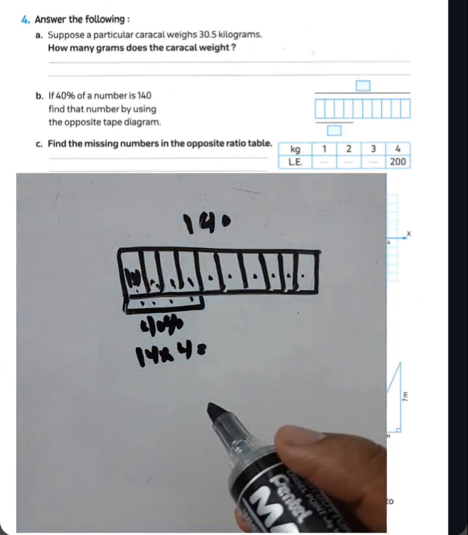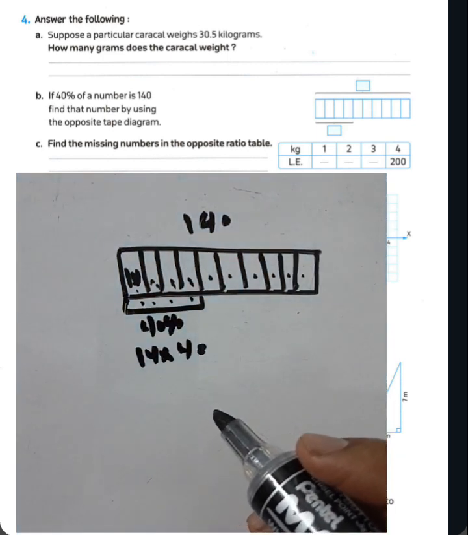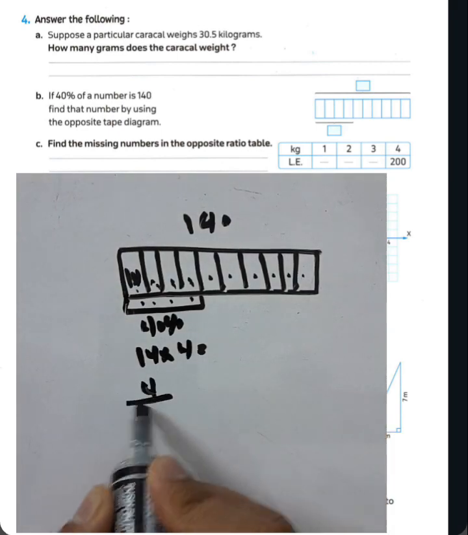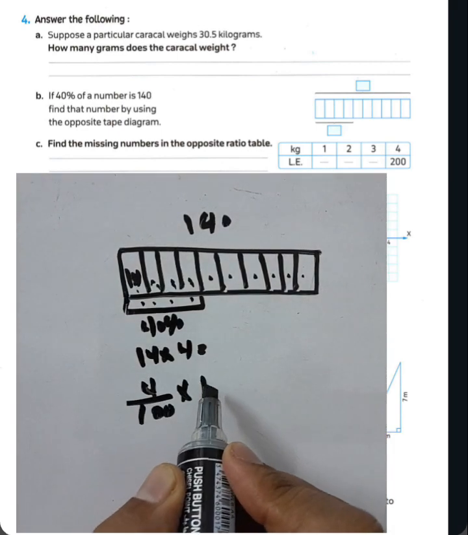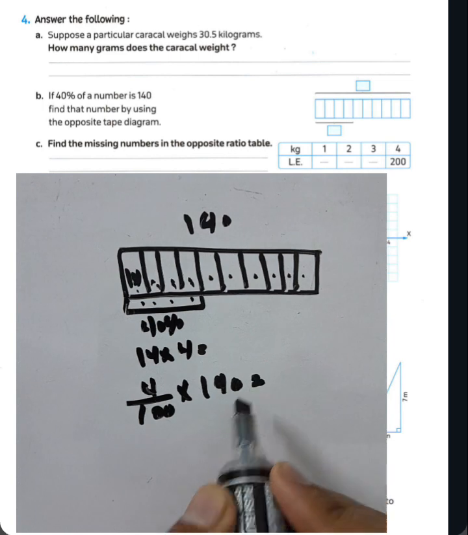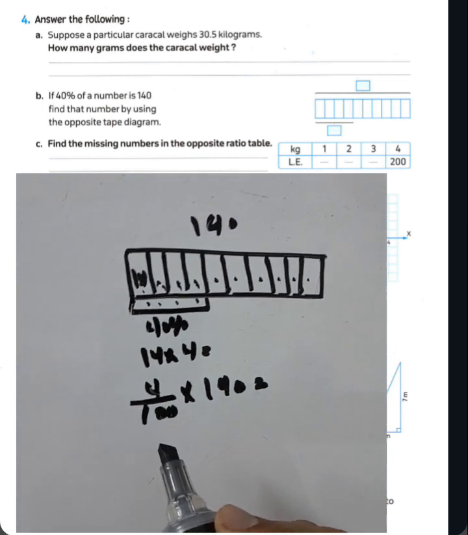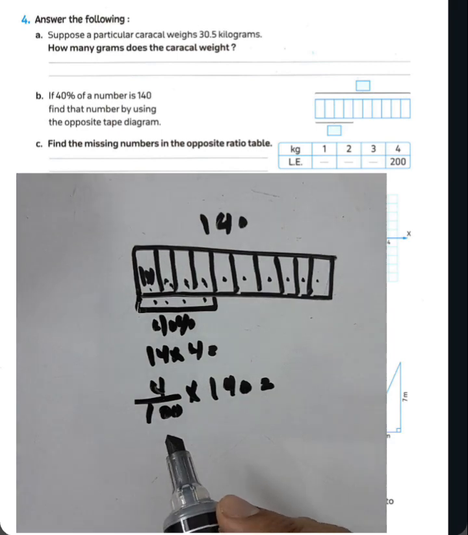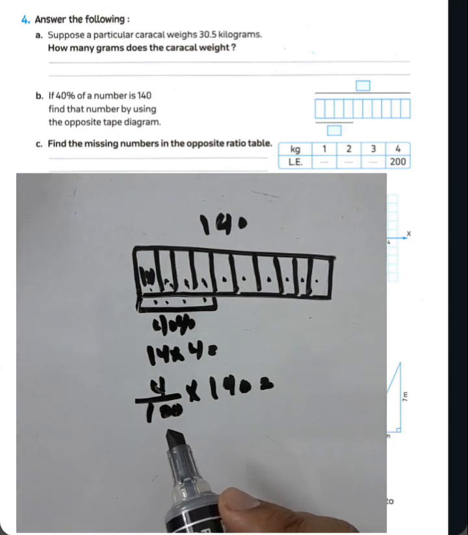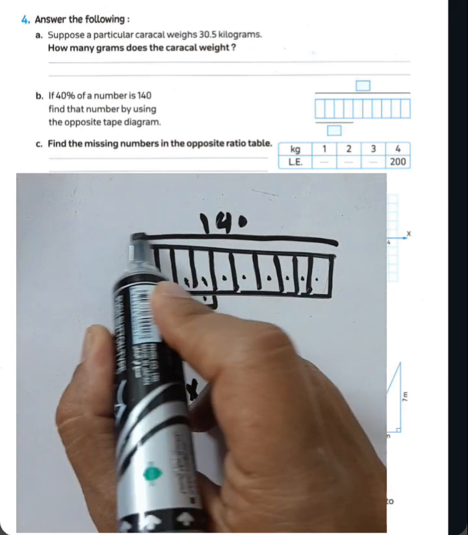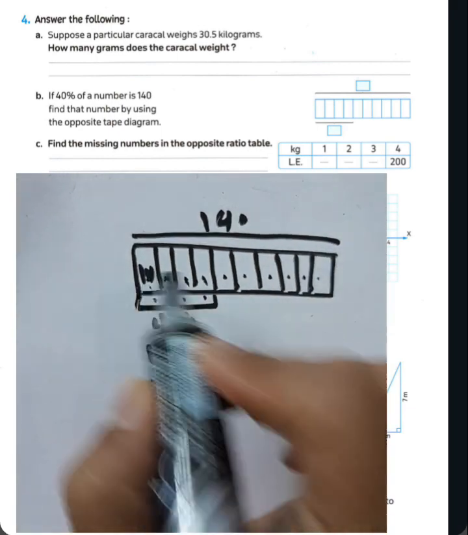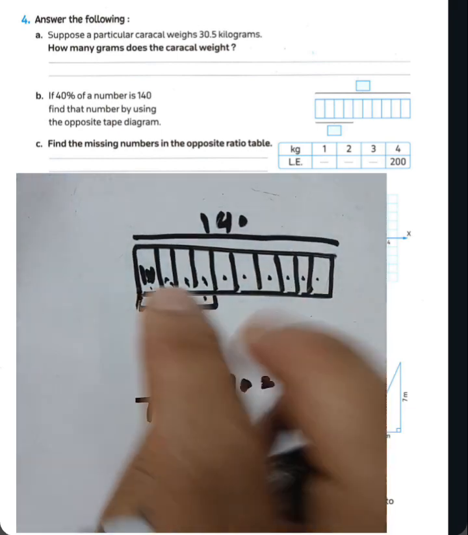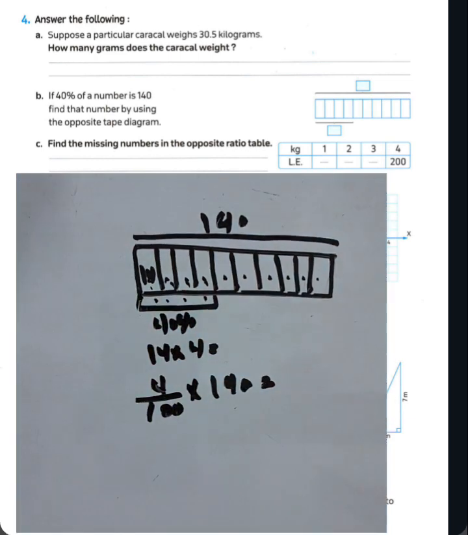We want to find 40% of a number, 40% of what number? 140. Again, 140, the total number, divided by 10, it will be 14 here. And 40%, 14 times 4.